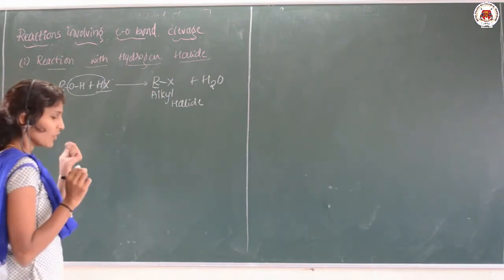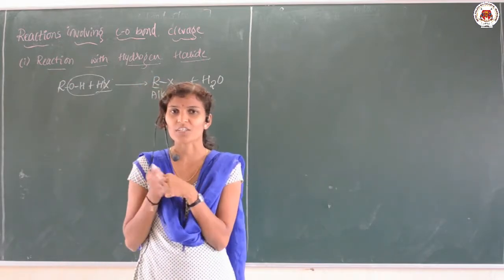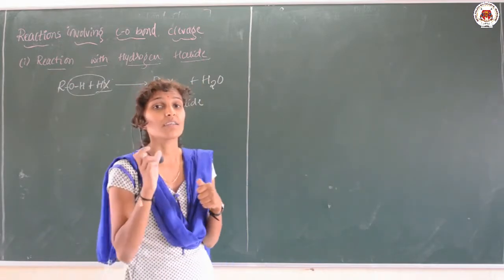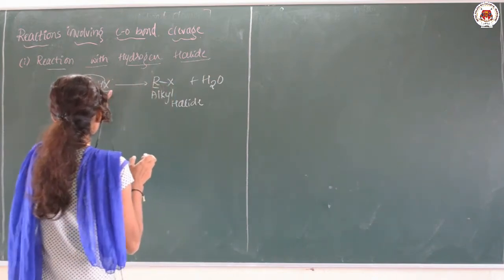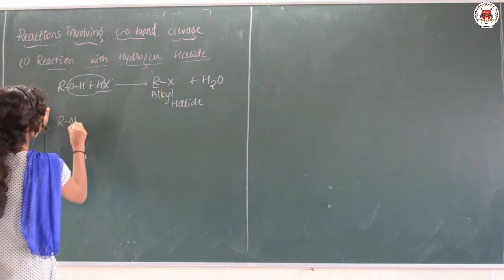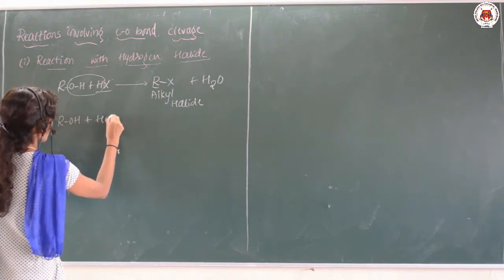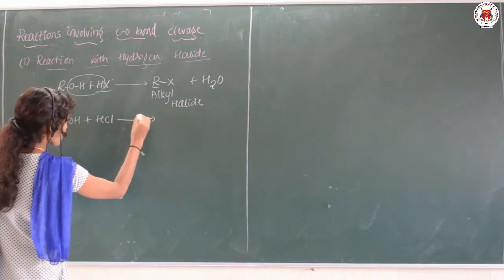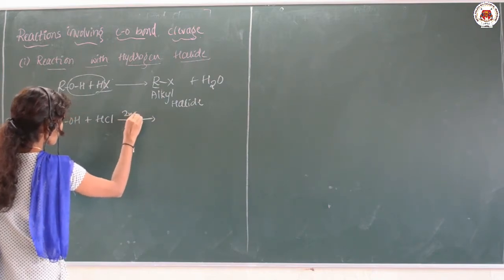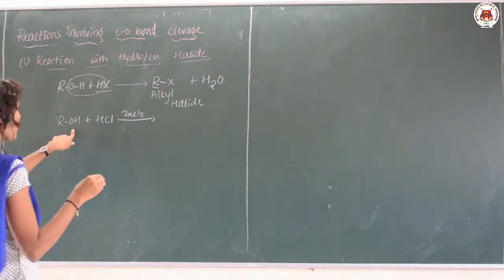But one very important bit of this reaction is regarding the reagents which we are using here. For example, there is an alcohol ROH. Suppose I am using HCl in presence of zinc chloride. What happens here?